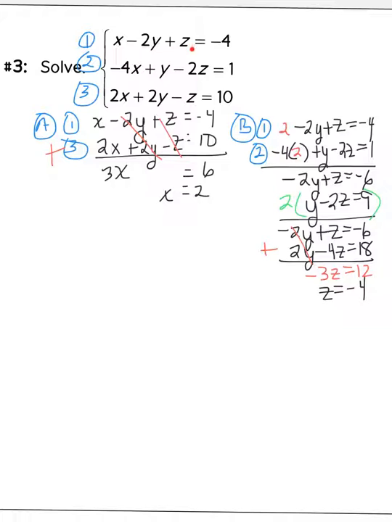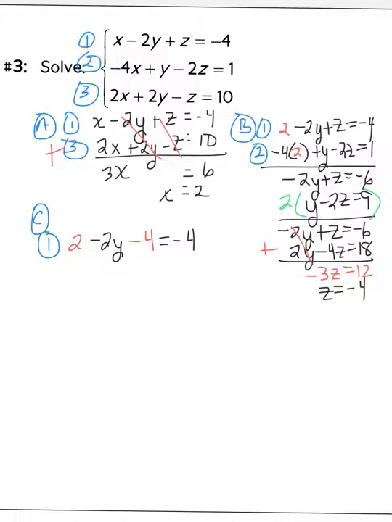So I think I'm going to plug it into equation 1. So step C, I'm going to use equation 1. Instead of x, I'm replacing it with 2, minus 2y. And instead of z, I'm replacing it with a negative 4, equals negative 4.